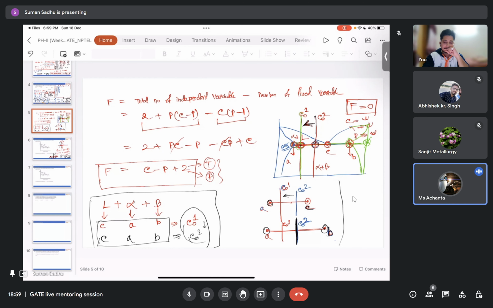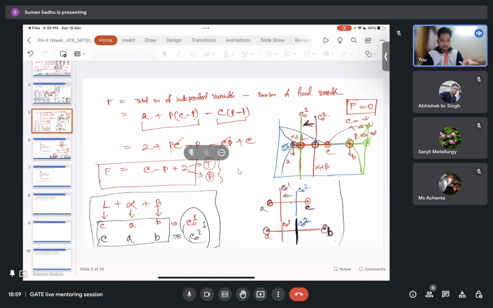Clear, sir. Okay, just remember one thing. When in the phase rule we mention the composition, the composition is not the overall composition. The composition is for each phase. If you remember this, I think your concept will be clear.